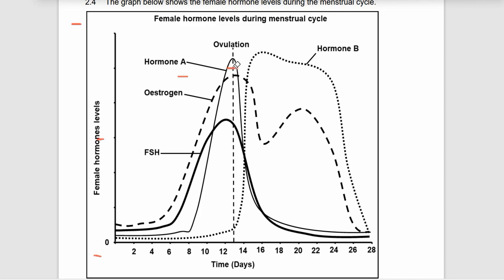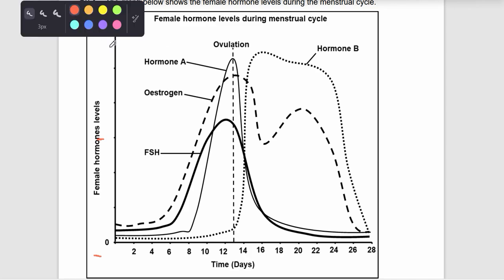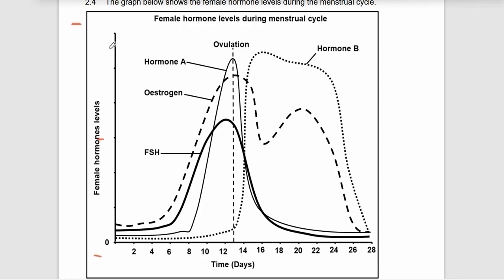Let's give a reason why we said on day 13 that's a luteinizing hormone. I already told you the reason. It's because luteinizing hormone is responsible for ovulation, or the levels of luteinizing hormone go up during the ovulation day. Simple like that.